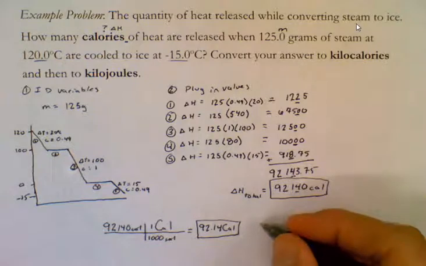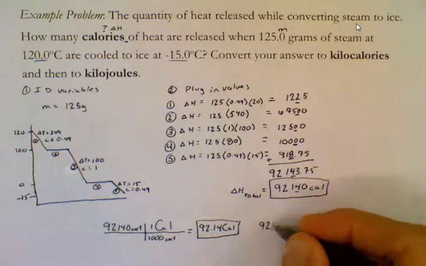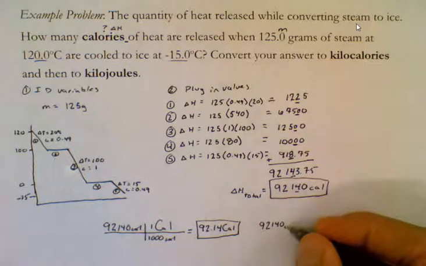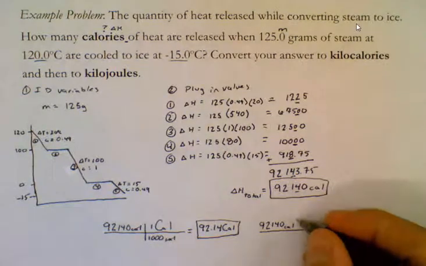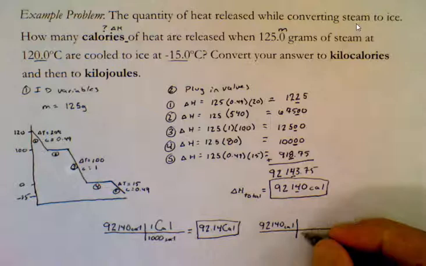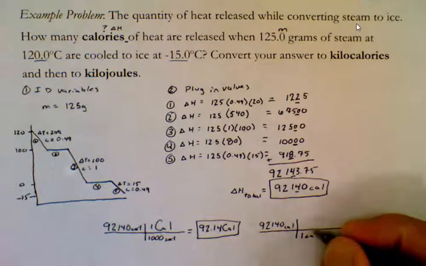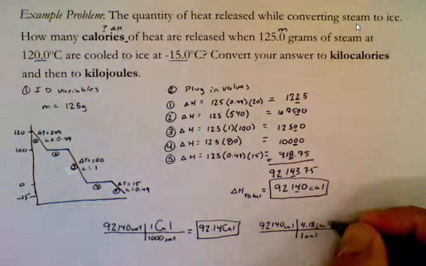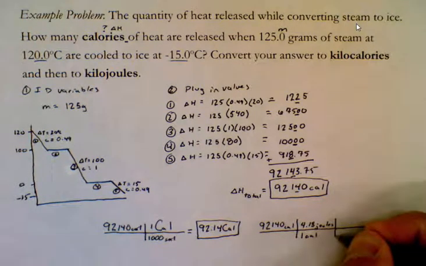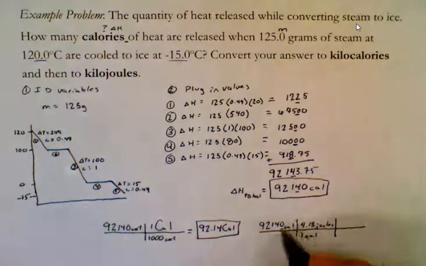And then doing kilojoules, 92,140 little c calories. You need to know that for every 1 little c calorie, there are 4.18 joules. Calories will cross off.